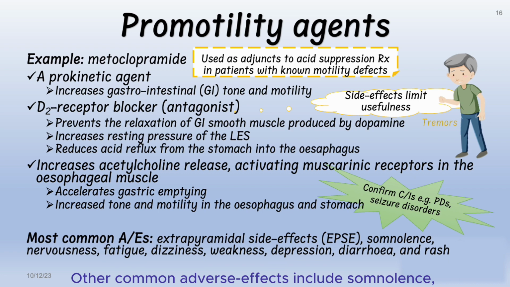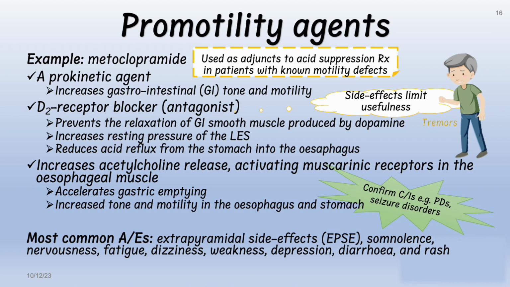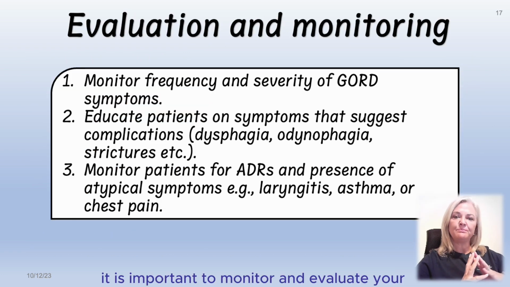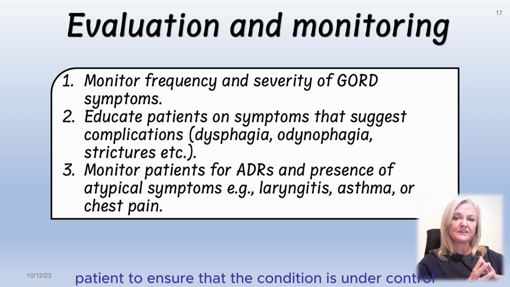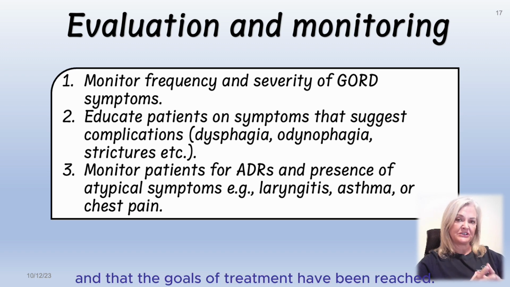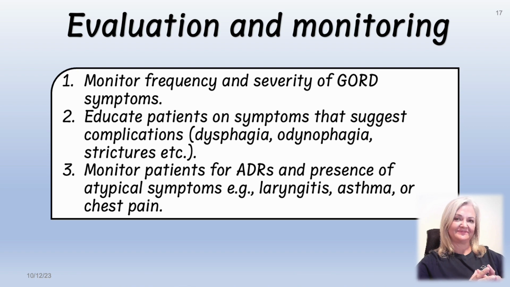Other common adverse effects include somnolence, nervousness, fatigue, dizziness, etc. It is important to monitor and evaluate your patient to ensure that the condition is under control and that the goals of treatment have been reached.